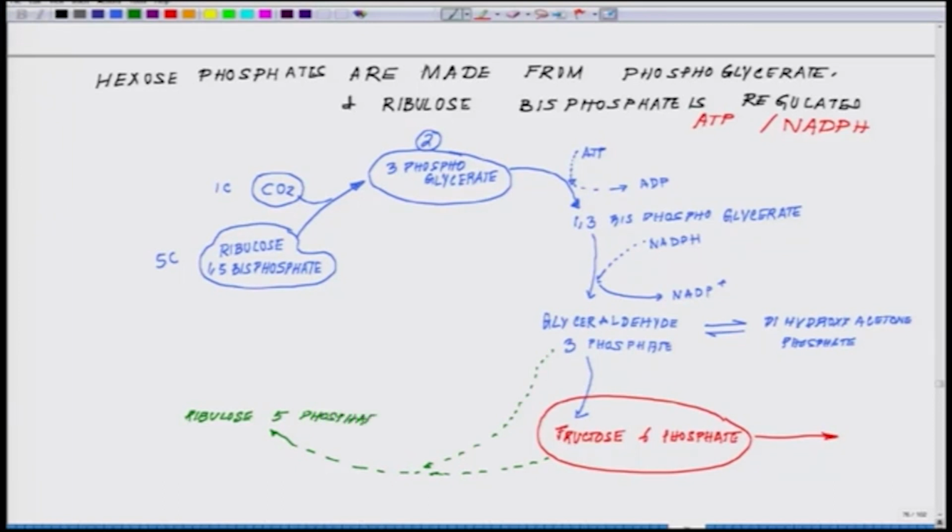and the enzymes which are involved in making this happen include transketolase, aldolase, and there are other enzymes which are involved in it.